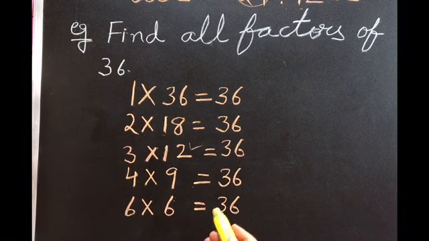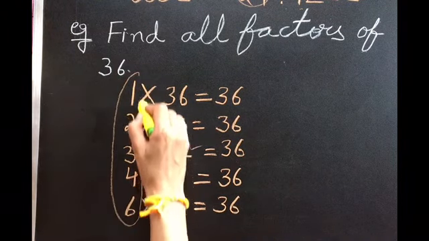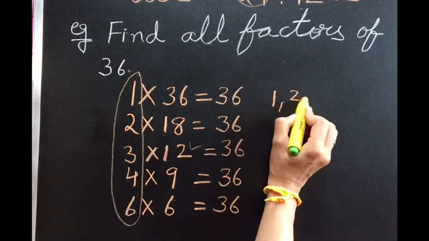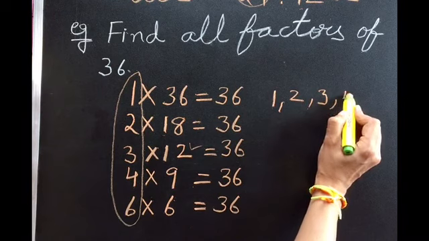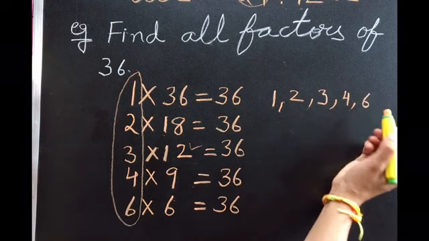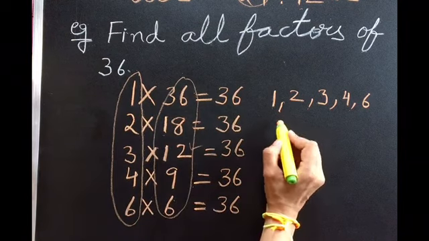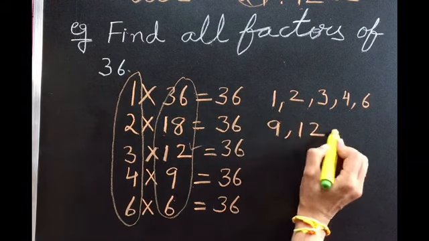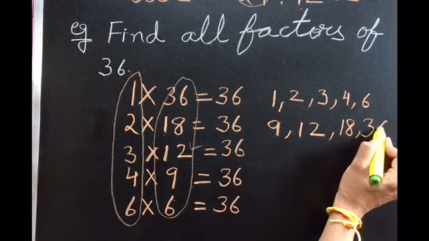So let us find out what are the different factors of 36. First we will take these ones. So what are these factors? 1, 2, 3, 4 and 6. Now take these ones: 9, then 12, then 18 and then 36.